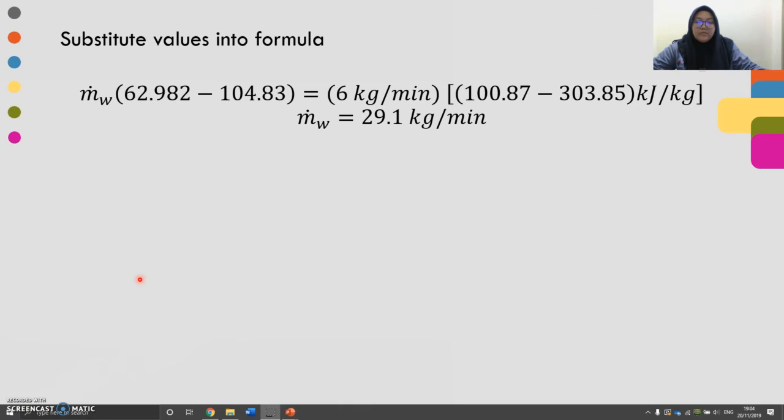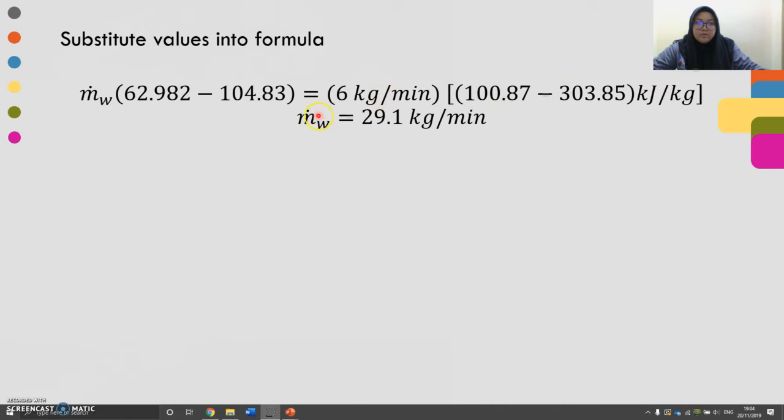Next, after we got all the information, H1 and H2 from the table of water, and H3 and H4 from the refrigerant table, we substitute into this formula: m dot water times (H1 minus H2) is equal to m dot refrigerant times (H4 minus H3).